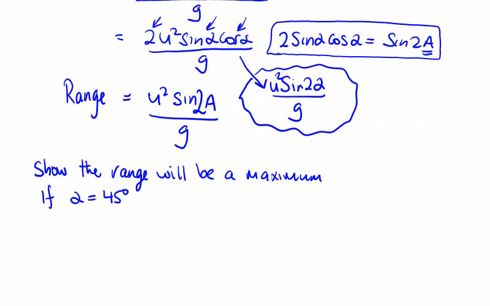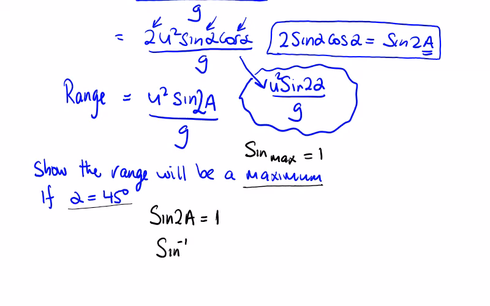In the last part of this example, you were asked to show the range will be a maximum if alpha is 45. Now, the maximum we can get for sine is equal to 1, and the same as cos, but in this case, we're going to say sine 2 alpha. To get a max here, the sine of 2 alpha would have to be equal to 1. So the inverse sine of 1, you guys know, gives 90 degrees.